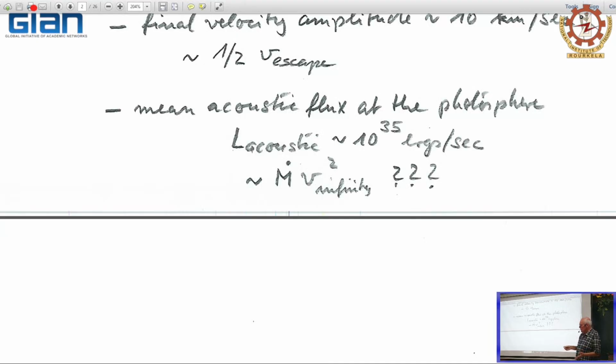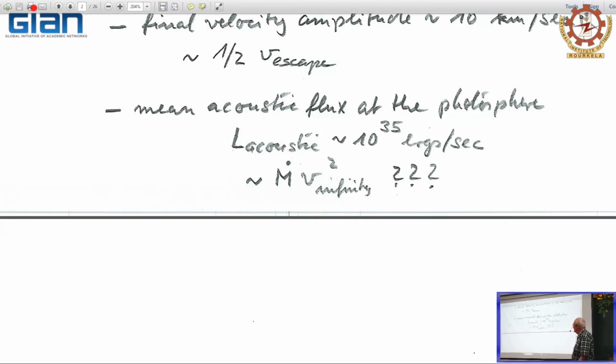And we cannot determine the mass loss from this object because our simulation is restricted to regions below the photosphere, but we know at the photosphere we have a mechanical energy flux of 10 to 34 ergs per second. If we suppose that this mechanical energy flux is transformed into a mass loss from the object, then we may set it equal to the mass loss rate times the velocity at infinity squared.